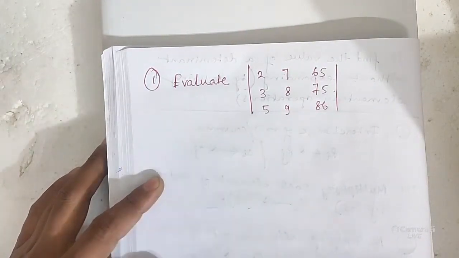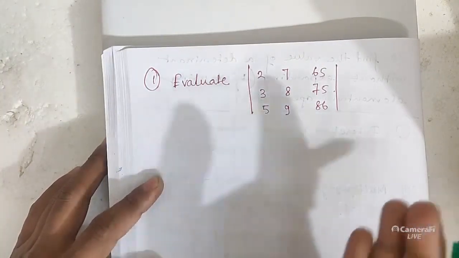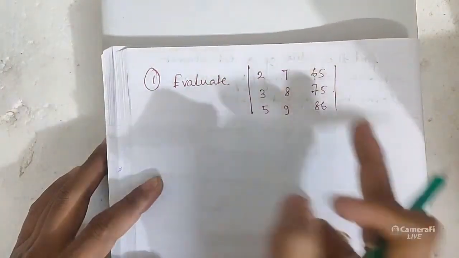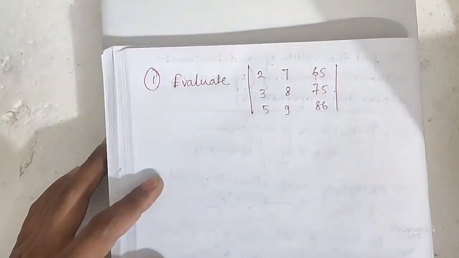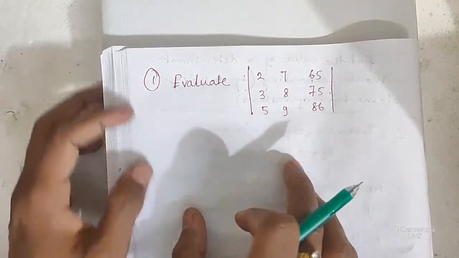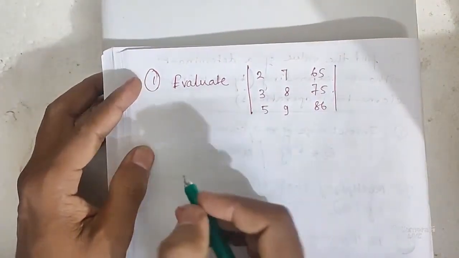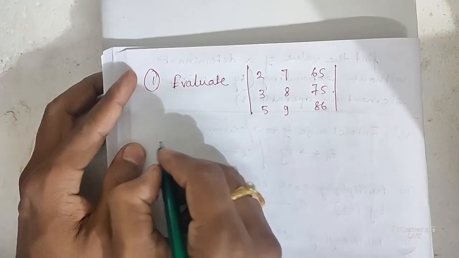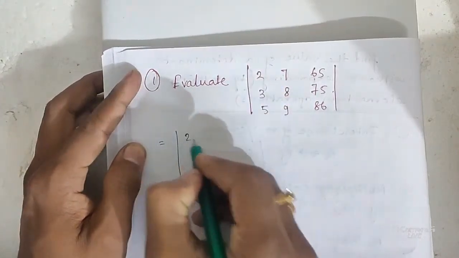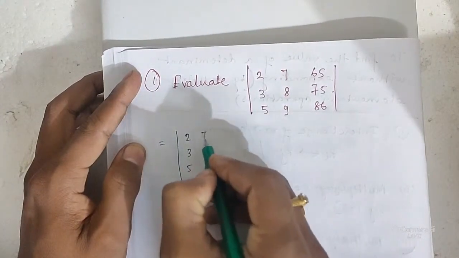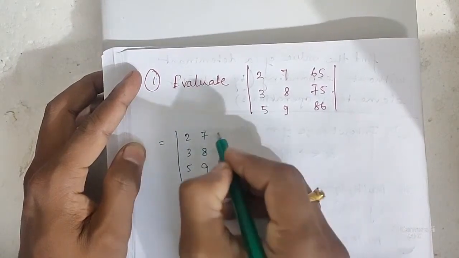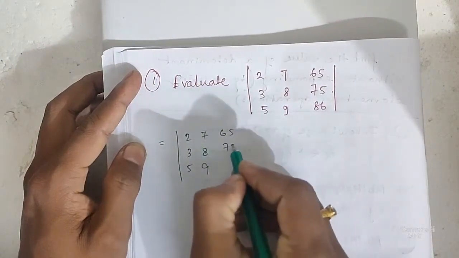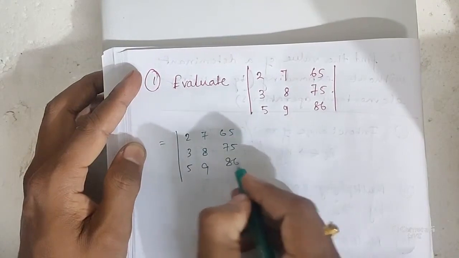Here you have to apply elementary operations and simplify it, and bring this determinant into such a determinant that you can apply the properties of determinants. How? That you see. Here the determinant is given: 2 3 5, 7 8 9, 65 75 86.